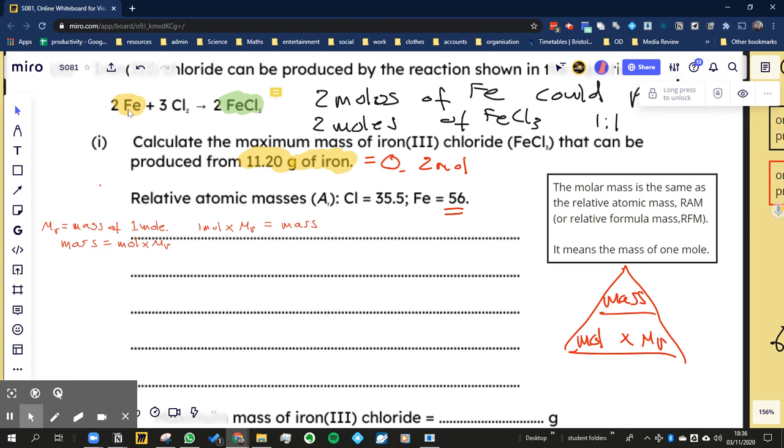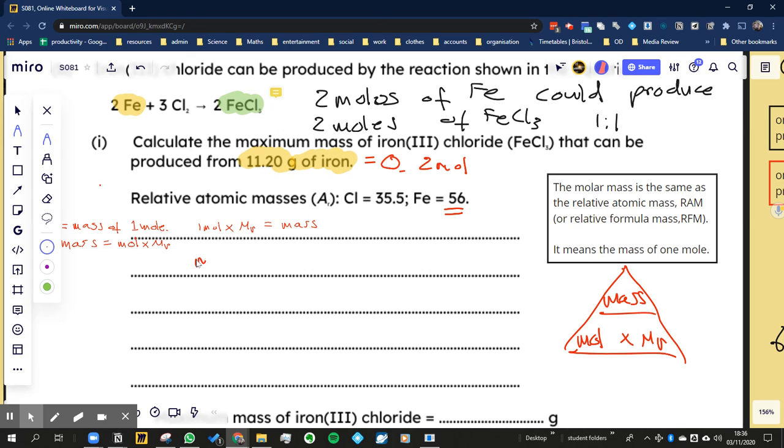So why do we not multiply that by 2? Why do we multiply this by 3? Well, what I calculated earlier on was the moles of Fe. I didn't calculate the moles of 2Fe. I calculated moles of Fe, moles of iron.